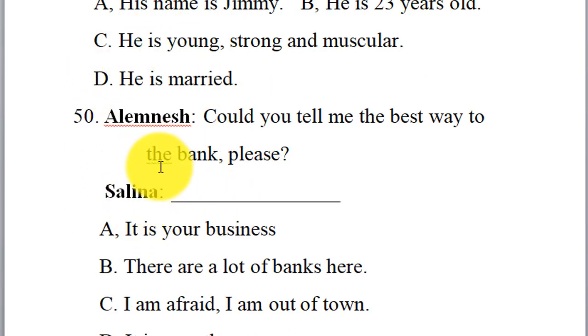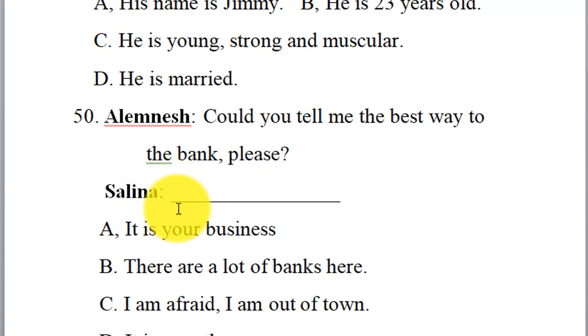Interesting. The last question there is Alamnesh and Selena: could you tell me the best way to the bank please? What kind of question is this? Asking for and giving direction, which is polite. Could you tell me the best way to the bank, ትክክለኛው ወደ ባንክ የሚወስደው መንገድ ልታሳይ ትችያለሽን ነው። ሁለት መንገድ አለን: either positive response or negative response.